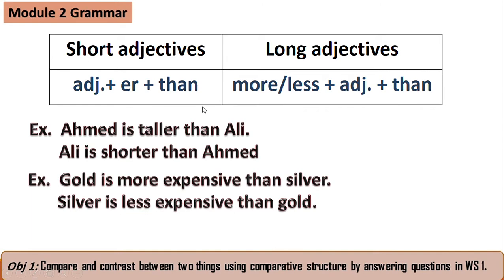I hope that you understand the rule for making a comparative between two things or two people. If you have a short adjective, you add er: Ahmed is taller than Ali. But if you have a long adjective, you say gold is more expensive than, because this is a long adjective, but with the short one, we use only er. Okay?